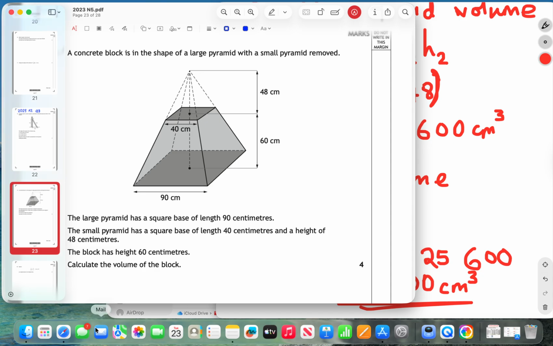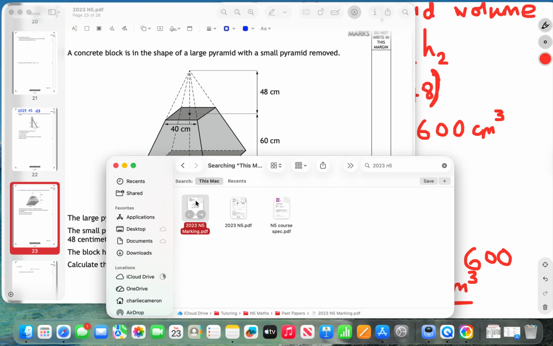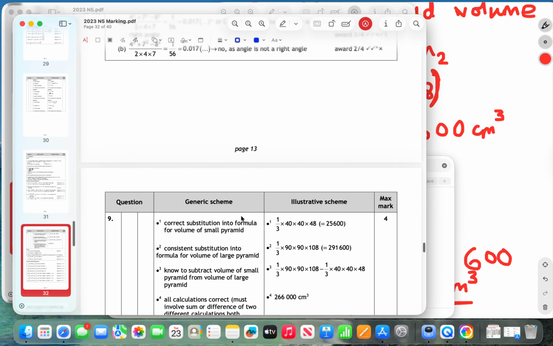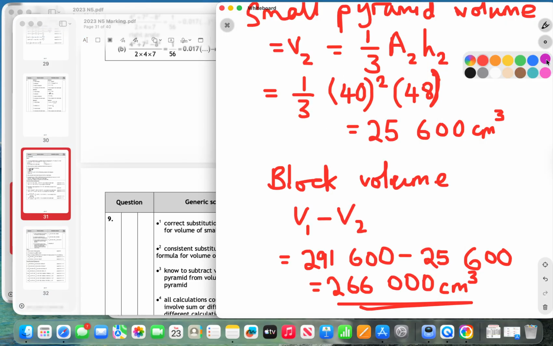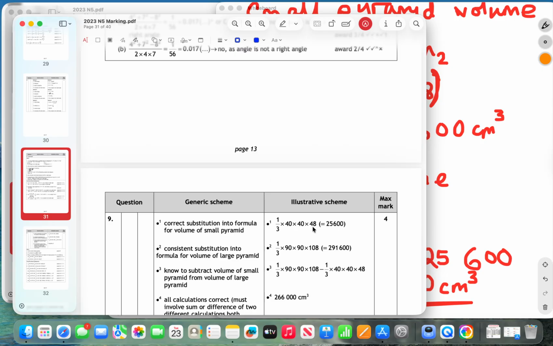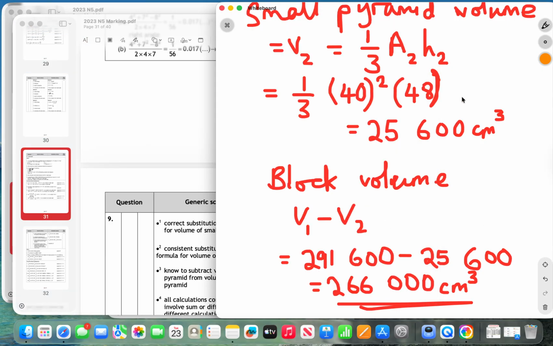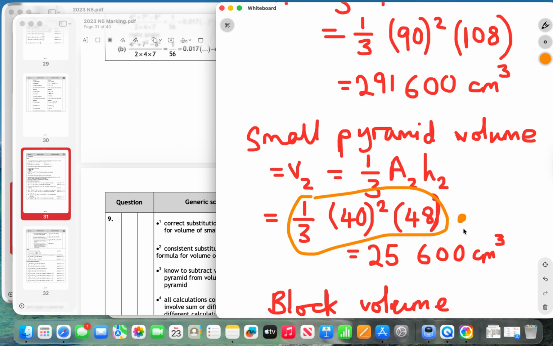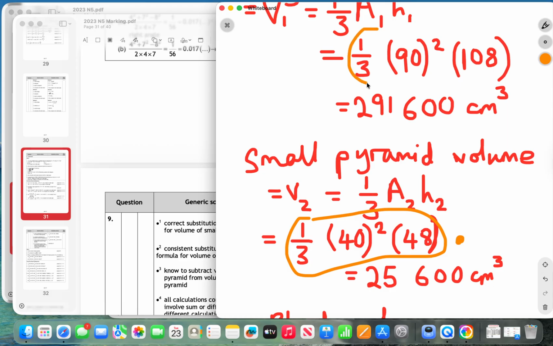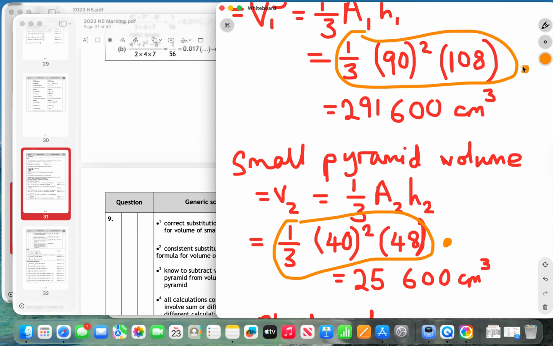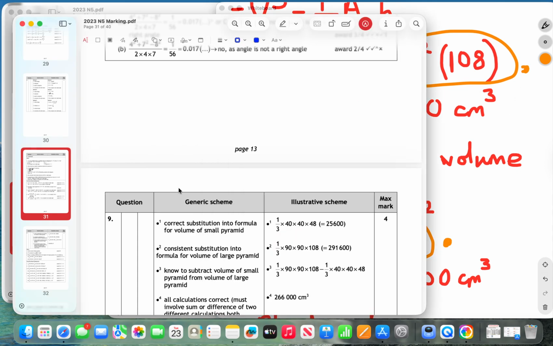So let's have a look at how the SQA would mark this one. You would get 1 mark for this, but you don't have to get 25,600 in order to get the first mark. You just have to get this. Second mark is for this, but interestingly again, you don't need to evaluate this.